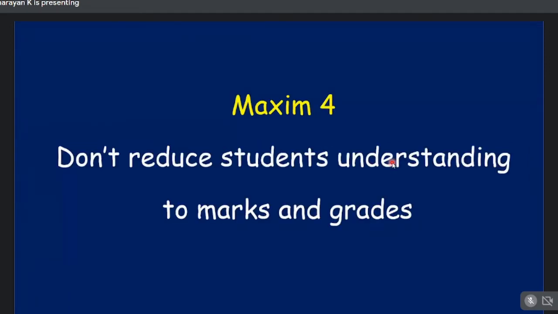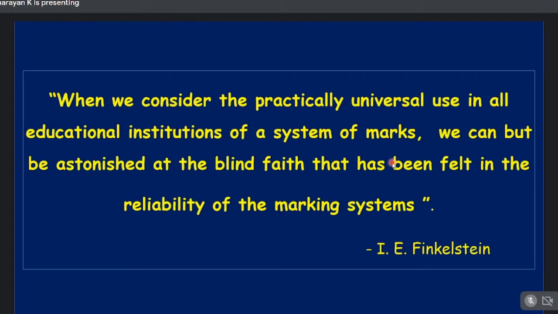The fourth maxim is, don't reduce students' understanding to marks and grades. In an academic setting, in a school, in a college, wherever you are, ultimately we determine a student's performance by the marks and grades. When we consider the practically universal use in all educational institutions of a system of marks, we can but be astonished at the blind faith that has been felt in the reliability of the marking systems.